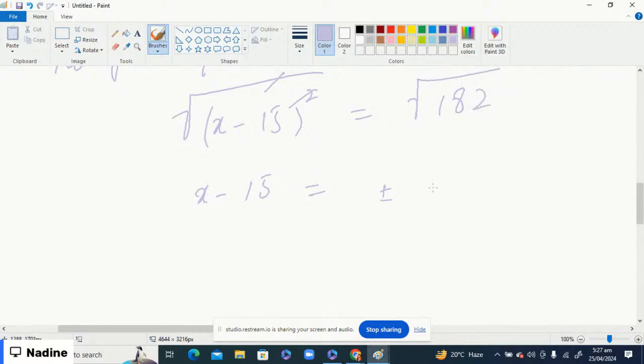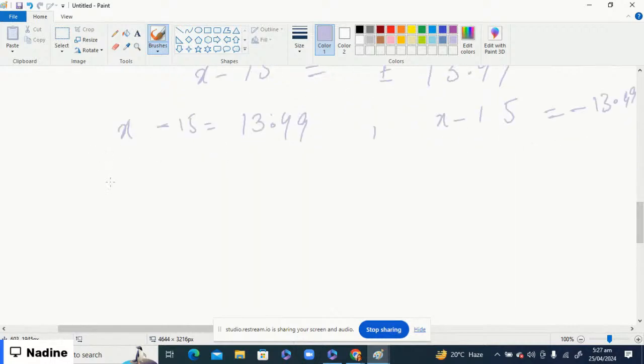Let me write it down by using calculator. So we find the answer 13.49. First put 13.49 with the plus sign, then going to put 13.49 with the negative sign.